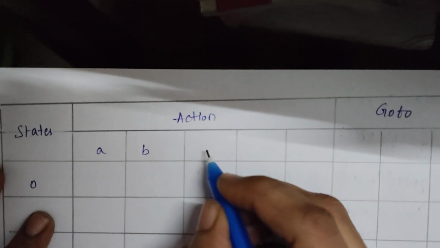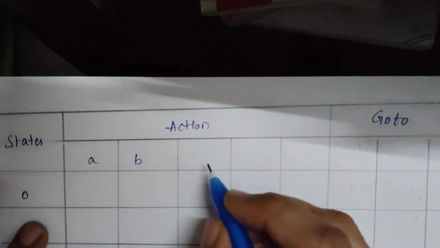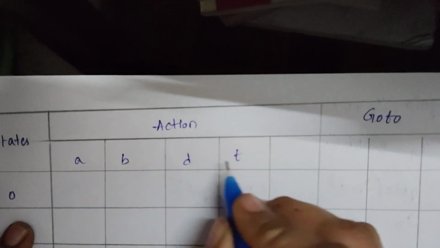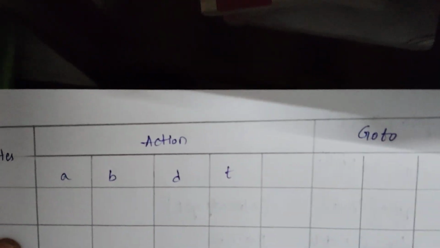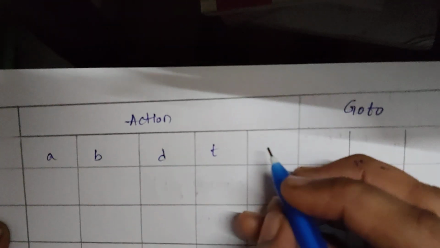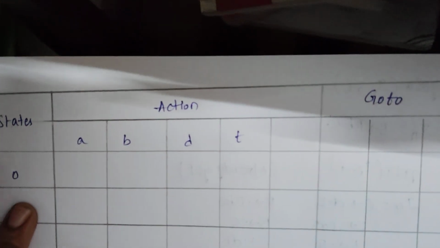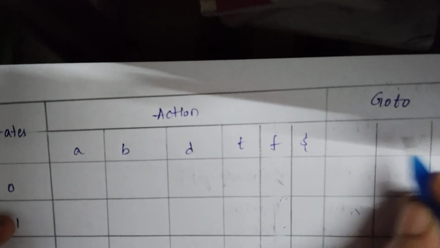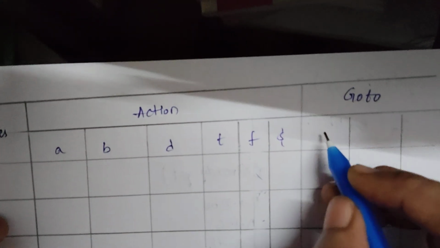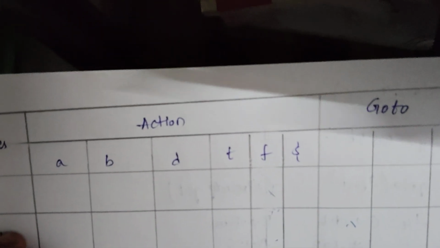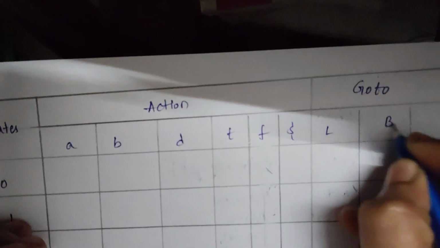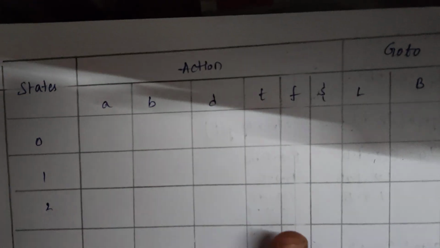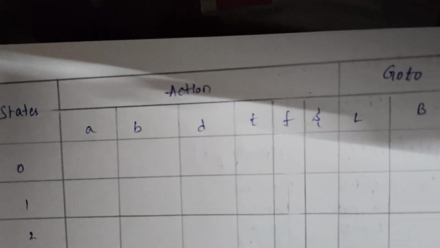In this we have small characters D, T, A, B, D, T, and F and dollar. In go to non-terminals, what are the non-terminals? The non-terminals are L, B, C. So calculating this table is very simple.